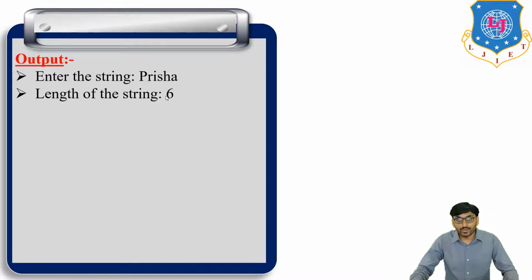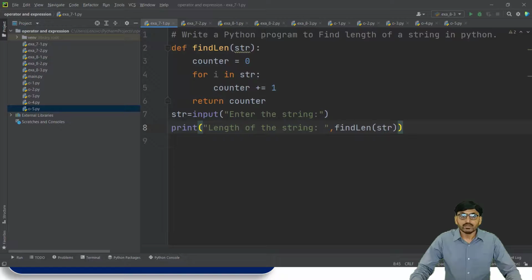Now the same problem we run in PyCharm. So same one, def find_len and in the bracket str. Then counter is equal to 0. This is the initial value of counter and that is used in the first iteration of the loop. Okay.